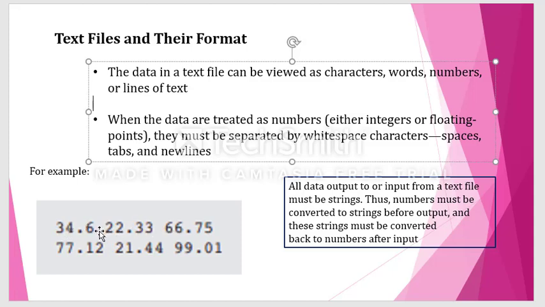Whenever a comma is there, there is a value before the comma and a value after the comma. In this example there is a space, so spaces are what separate the values. Next, one more thing I have written in a small box here: whatever data we are dealing with in the text file, all the data is in the form of strings.